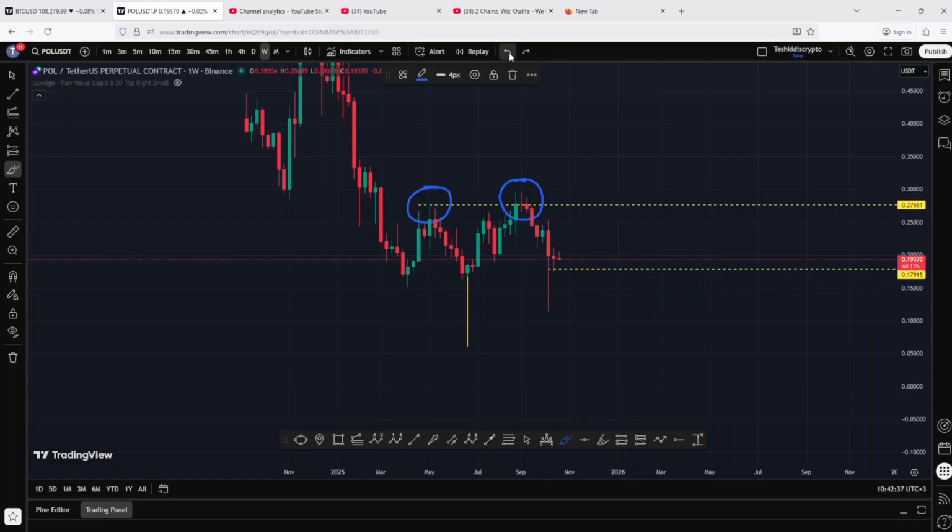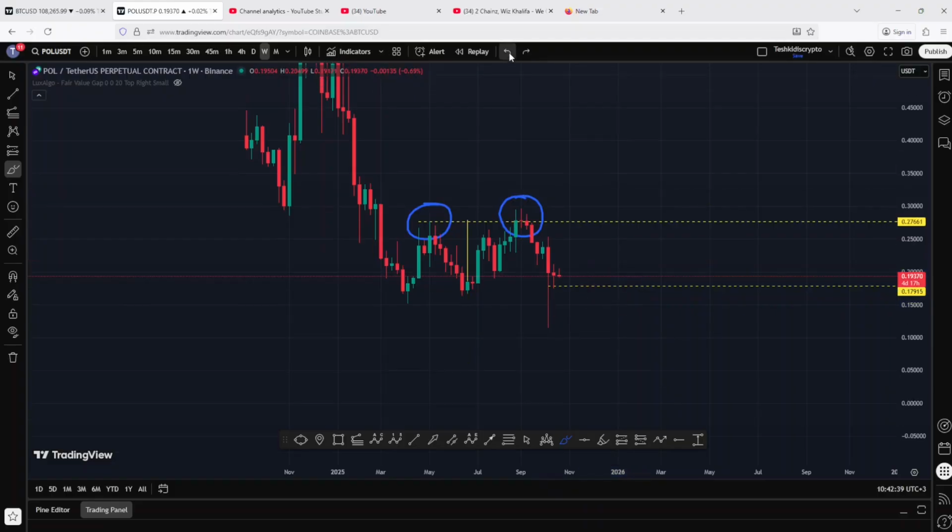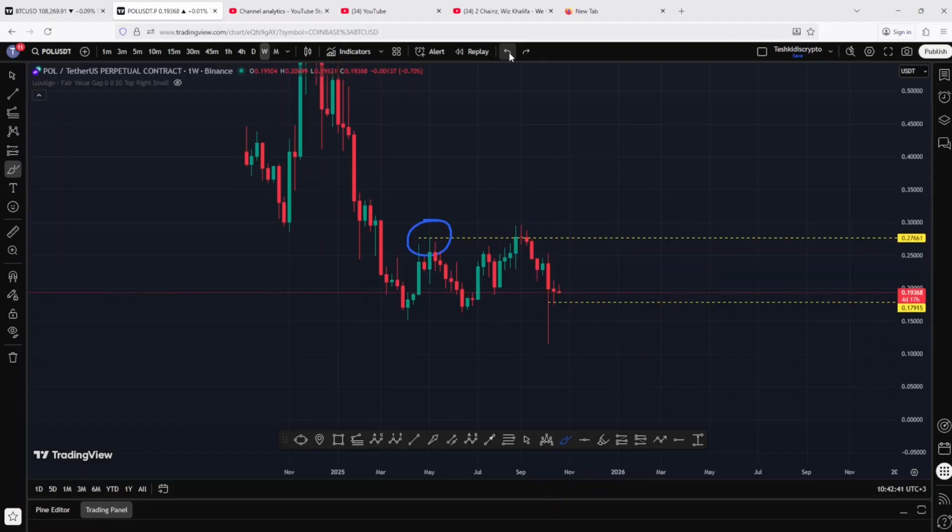And I expect that in the next coming days, Polygon Matic is going to continue holding above that significant low, because the moment we start to lose that significant low, flipping it back into support, then it is most likely that we are first going to get a 50% retrace into this wick that we left over here, find support, and then get another bounce back to the upside.